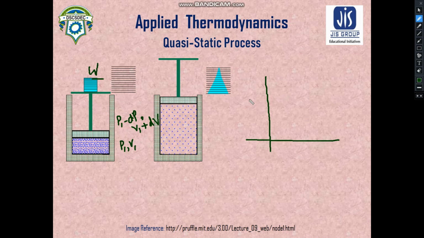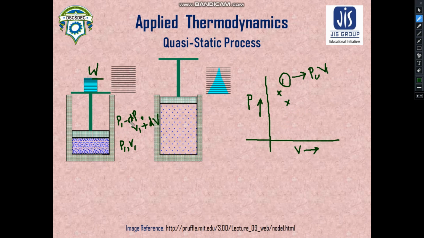Similarly we can see that there will be many more states which we can find. Let us plot these states in the thermodynamic diagram, in the PV diagram. This one refers to state number 1, which gives us the pressure P1 and volume V1. Similarly, let us plot the second one, which refers to the pressure P1 minus dP and the volume V1 plus dV. As you can see, the pressure has been reduced and the volume has been increased.